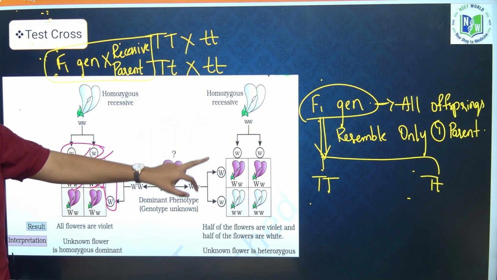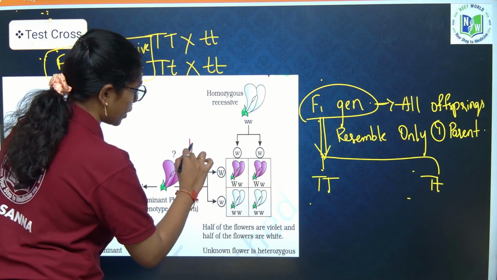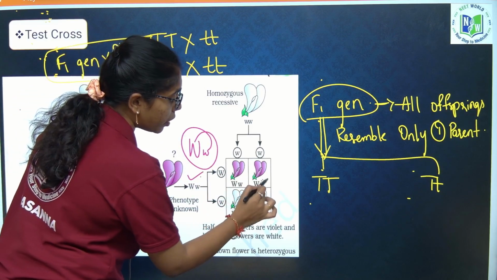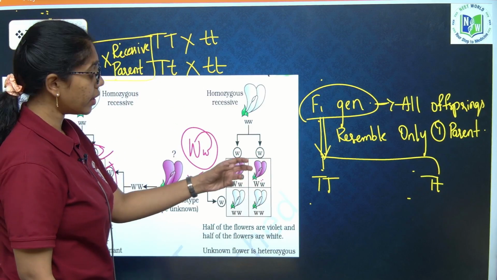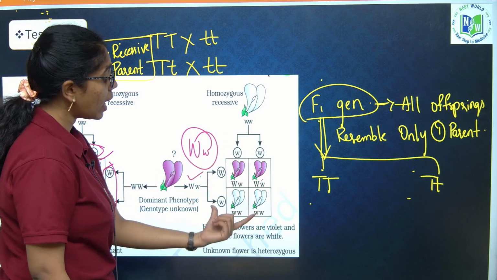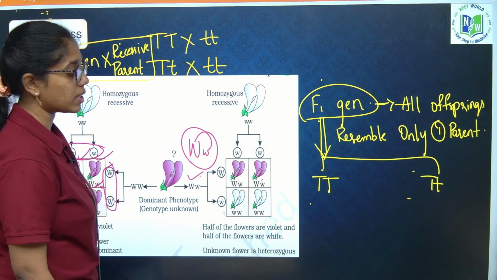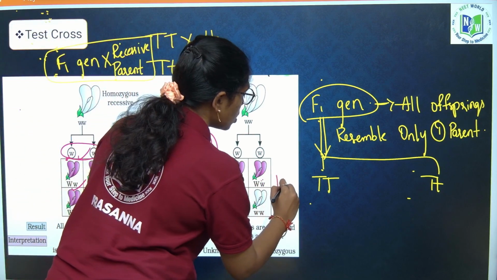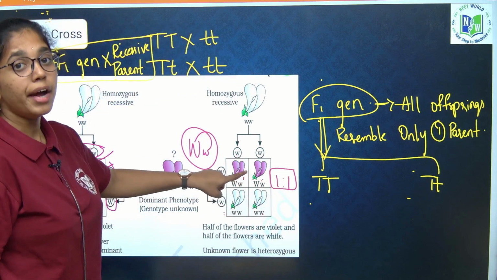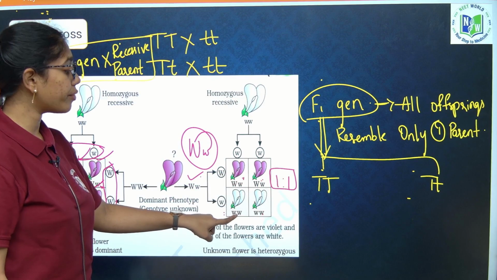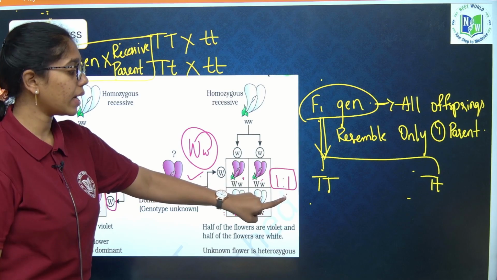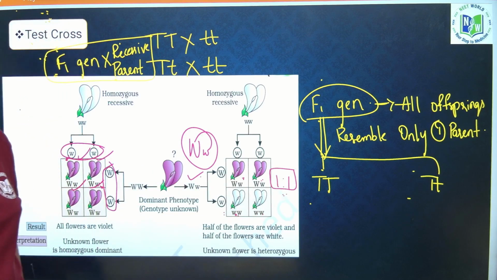If it is heterozygous dominant, then half of the offsprings will express the dominant trait, and half of the offsprings will express the recessive trait, that is a 1:1 ratio. You will see genotypically and phenotypically a 1:1 ratio.